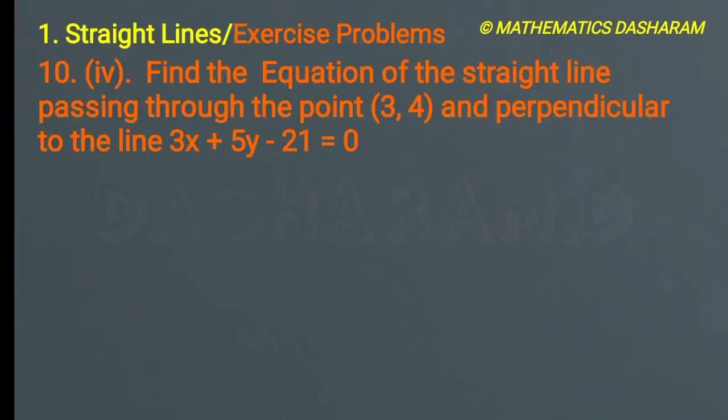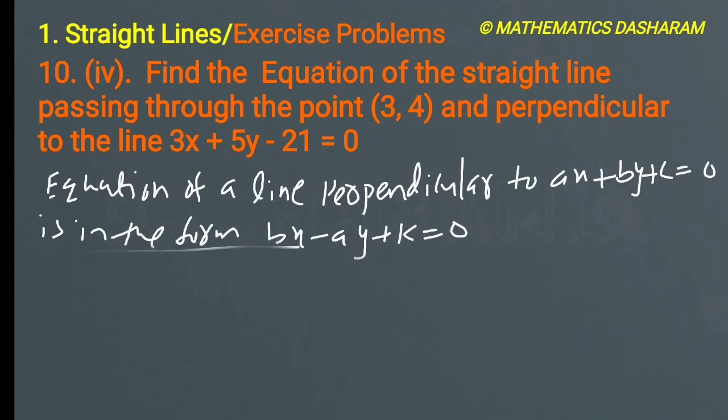Fourth question, find the equation of the straight line passing through the point 3 comma 4 and perpendicular to the line 3x plus 5y minus 21 equals to 0. So here is a perpendicular equation: bx minus ay plus k equals to 0. Here b value is 5 and a value is 3. So 5x minus 3y and constant number k equals to 0.